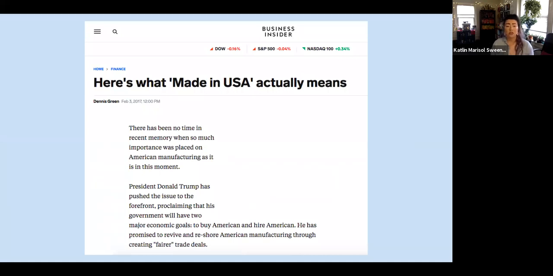He's not introducing us to this topic of made in USA labels and codes out of nowhere, right? He's specifically connecting this discussion of American made products to this announcement from Trump of what his priorities are at the time, but also at this point in his presidency. And so for that reason, what Green is doing is contextualizing, or making clear why this topic is significant for a reader to be familiar with, okay?